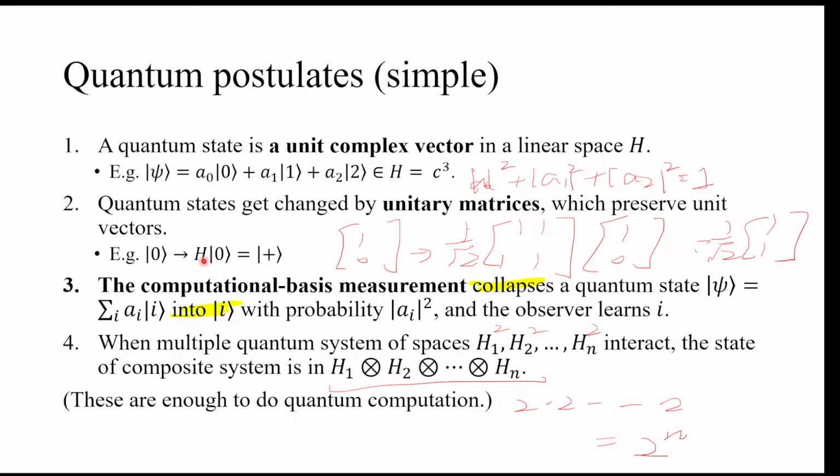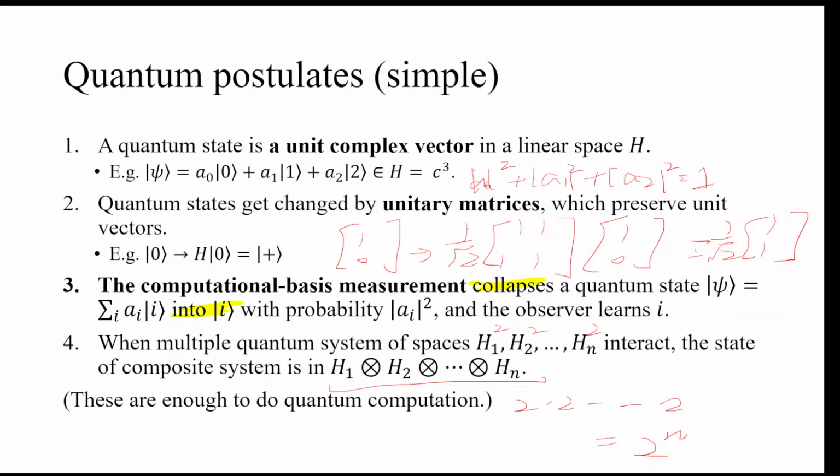For example, you can start from this |0⟩ and apply a unitary matrix which is Hadamard, and it will become this |+⟩. In terms of matrix calculation, we have it handwritten here. So |0⟩ is this (1, 0) vector, and you get rotated by this Hadamard matrix, which is 1/√2 times [[1, 1], [1, -1]]. You multiply it onto this (1, 0) vector, then it becomes this 1/√2 (1, 1) vector, which is also the plus vector.